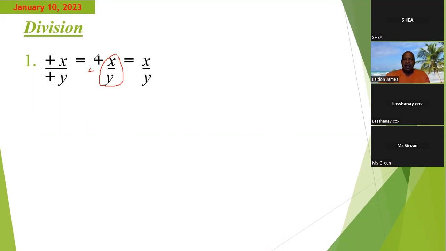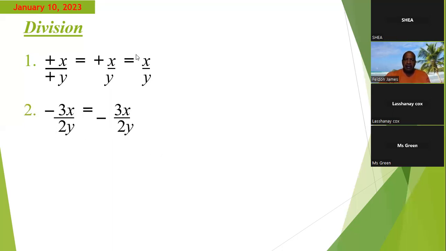And to give you the answer without the positive sign in front of it, it's simply x over y. Right? Because once you have any term written without any sign before it, it is regarded as positive. So that's the first one.